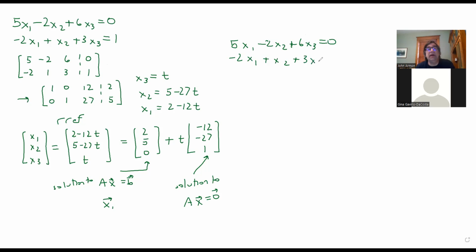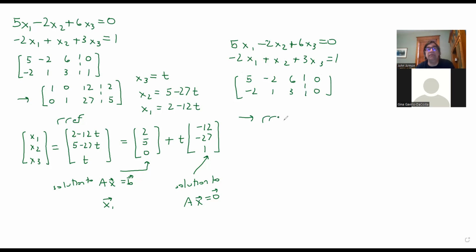And it turns out that if you go from this matrix to RREF, it's going to look almost exactly the same. The only difference will be you're not going to have a 2 and a 5 here. You're going to have a 0 and a 0. So you can verify that on your own if you want to.